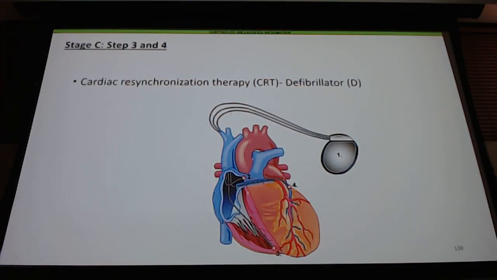If they do have evidence of a left bundle branch block, not only are you doing the defibrillator, the ICD part, but you're also doing the cardiac resynchronization therapy part. So you're doing the pacemaker and ICD in one, and you're trying to restore a normal, coordinated squeeze of both the left side and the right side.